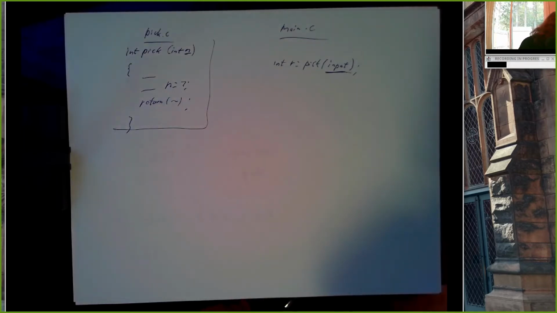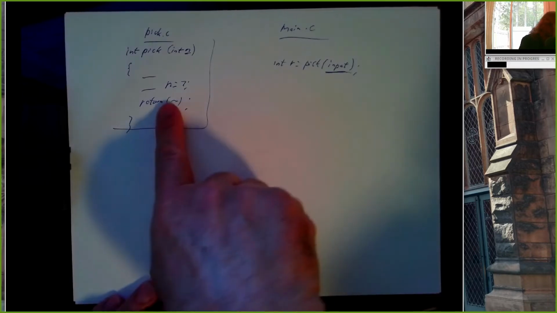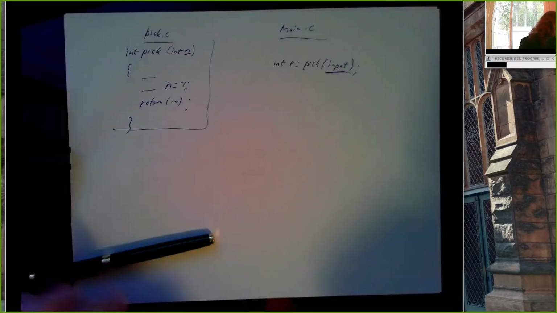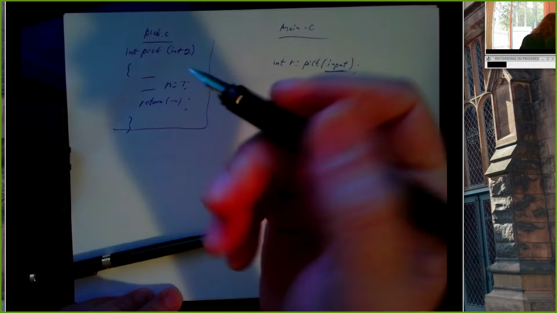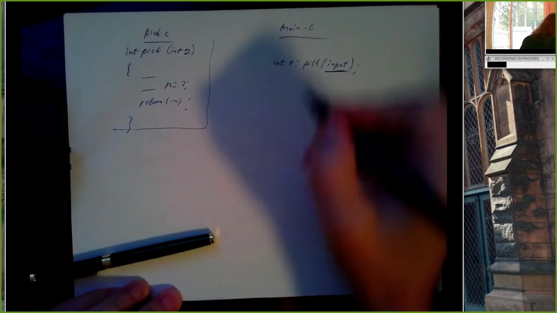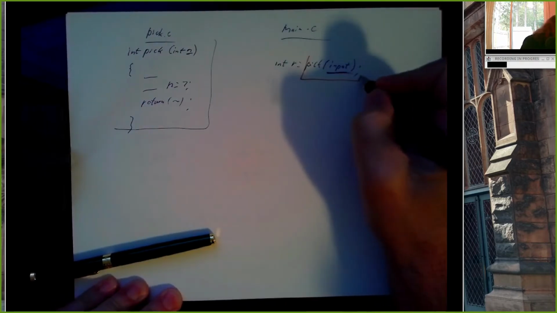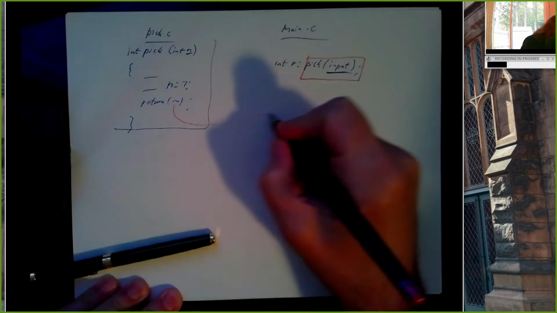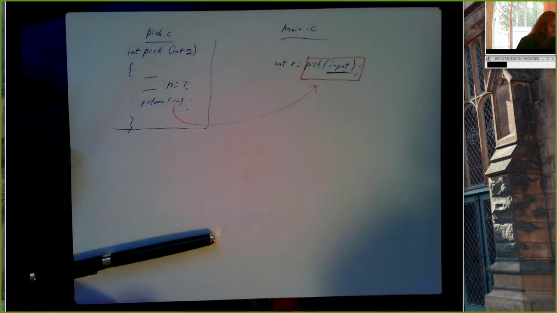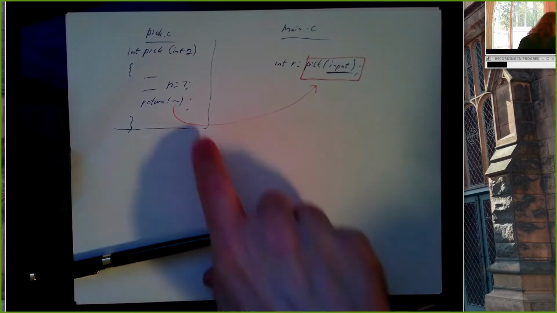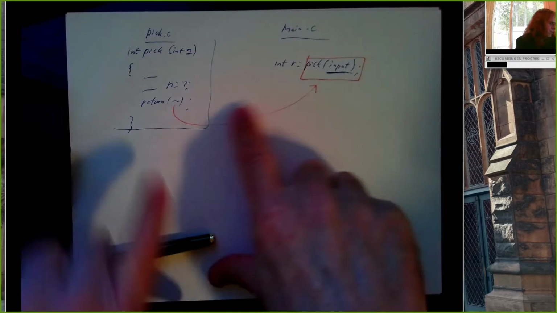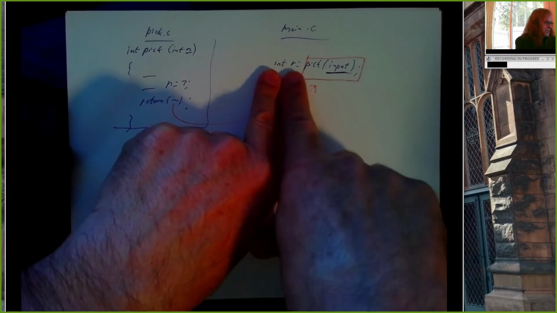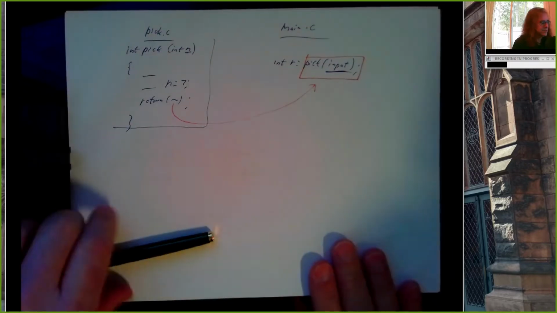All right, and then the return we talked about yesterday. When I say return whatever, basically all of this is replaced by whatever expression we returned. So whatever this returns, this expression here would say integer r equals that.